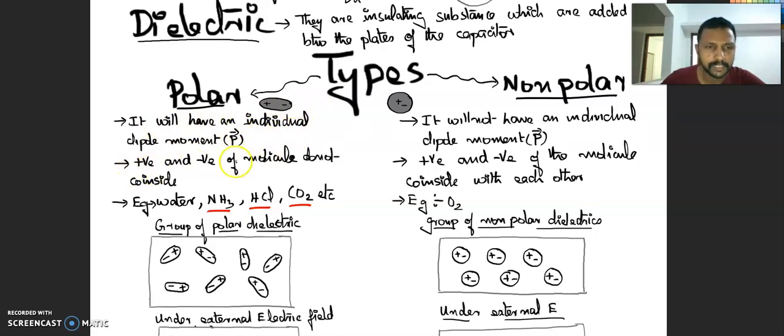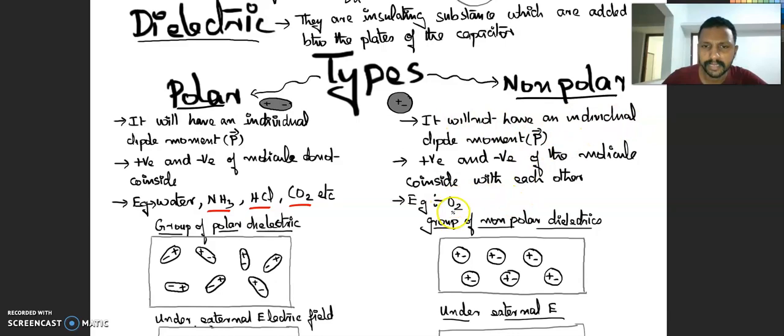Then, as the next point, you can see the positive and negative charge of the molecule do not coincide. That is, the positive charges are on one side and negative charges on the other side. Whereas in a non-polar dielectric, the name indicates that it does not have any permanent individual dipole moment.